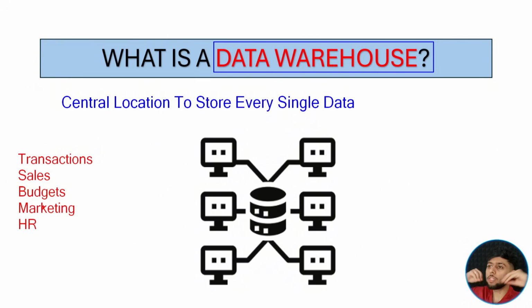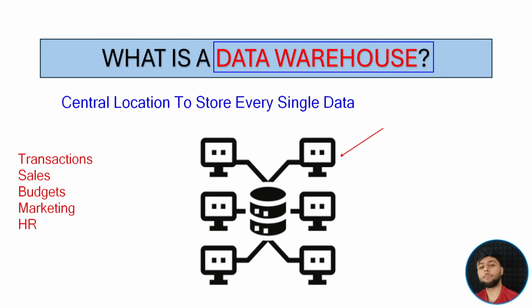So if you want to see how much data we have, what is the total data that the company or organization is holding right now, that information can be tracked using this data warehouse. A data warehouse is nothing but, let's say, a luggage bag, where you store every single piece of your outfit if you are planning to go on vacation.